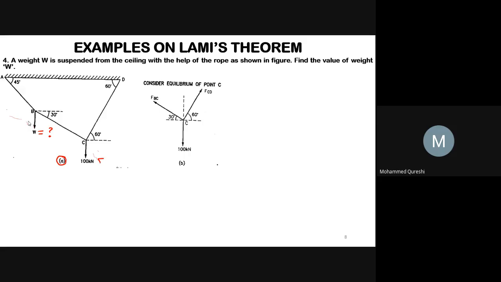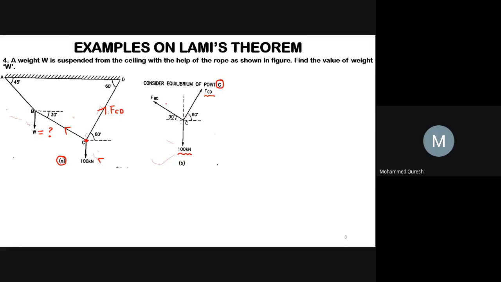So first of all, we will consider the equilibrium of point C, as here 100 kilonewton is given. Drawing the free body diagram for point C, we will get 100 kilonewton in downward direction, and this will be your second force FCD, making an angle 60 degree with the horizontal axis, and this will go in upward direction.